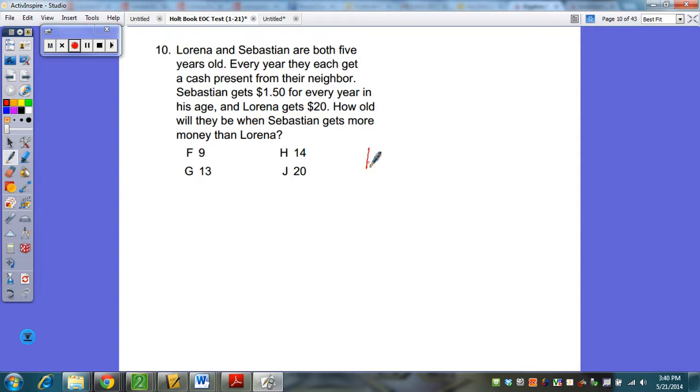Well, if Sebastian gets $1.50 per year, then I want to know how many years it will take for him to have more money than Lorena, which is $20. Remember, this didn't say $20 per year. This is a one-time payment right here. So it becomes a simple solution. We're just dividing both sides by 1.5.